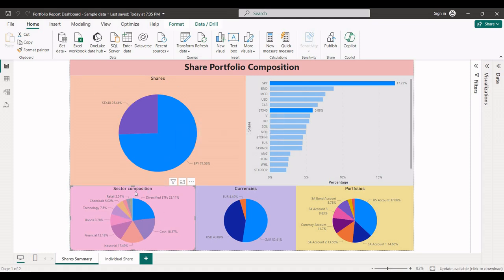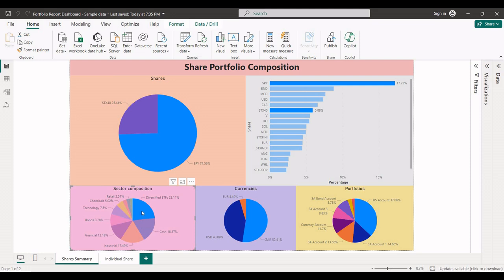So we have a breakdown of that sector specifically, and on the horizontal bar graph side, the horizontal bar graph has not been filtered like the shares pie chart, but the components are simply highlighted. So we still get a view of the fact that the SPY share is just 17.23% of the portfolio as a whole, while STX 40 is 5.88% of the portfolio as a whole.